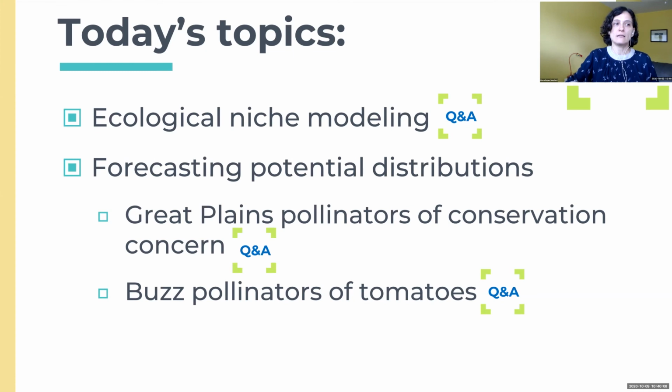The 2 case studies of forecasted potential distributions are Great Plains pollinators of conservation concern, a study I did a few years ago, and then a recent study of buzz-pollinators that are important for tomato crop.